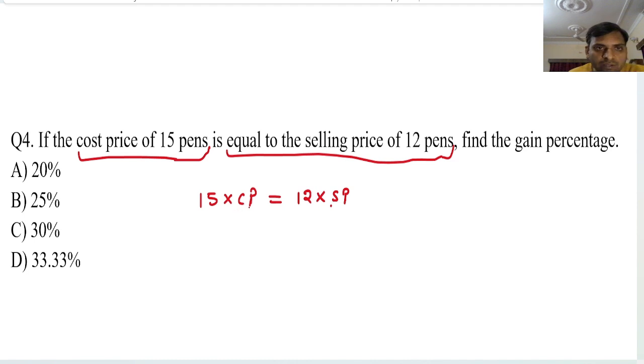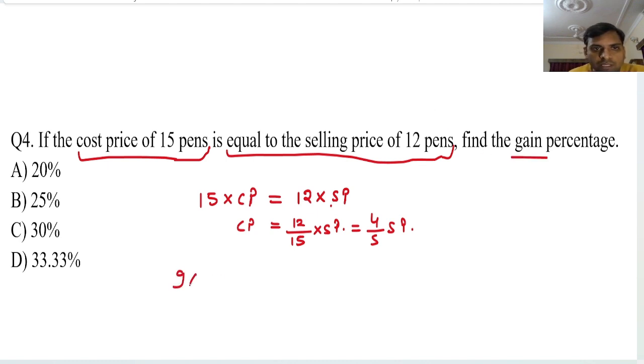One pen cost price is CP, so for 15 it is 15 into CP, and these are equal. So you can find CP. CP equals 12 upon 15 into SP, or you can write this as 4 upon 5 into SP. Now you need to find gain percent.